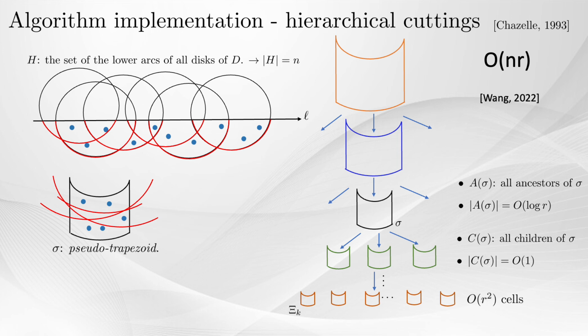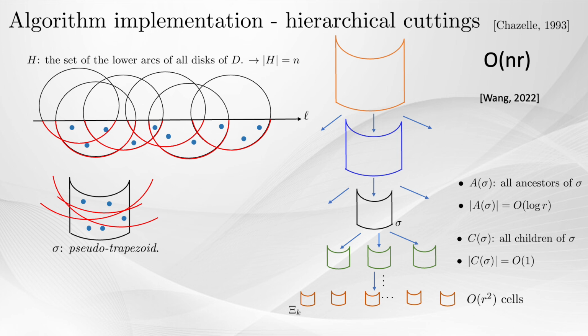Since the height of the hierarchical cutting is log r, the number of A sigma is up to log r, which means in each layer there will be an ancestor of sigma. Then we use C sigma to represent children of sigma. Each sigma has constant children.